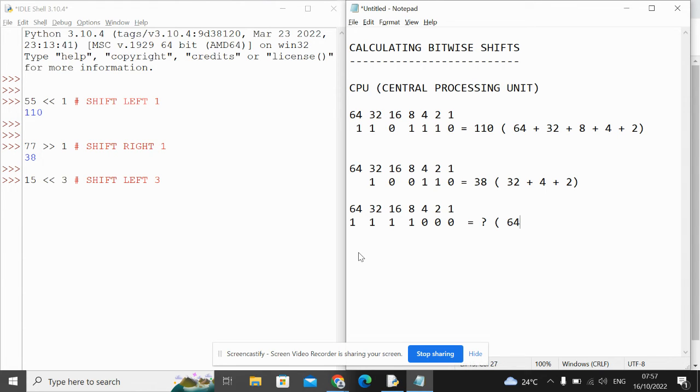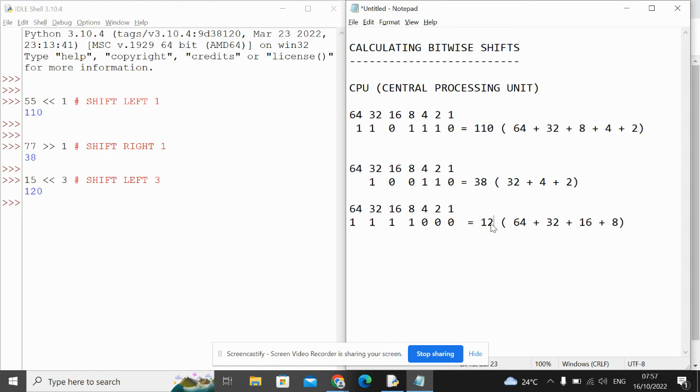So what's the new answer? In this case, it's 64 plus 32 plus 16, which gives us the answer of... I've made a mistake, haven't I? 64 plus 32 plus 16 plus 8, of course, I missed off one of the bits.